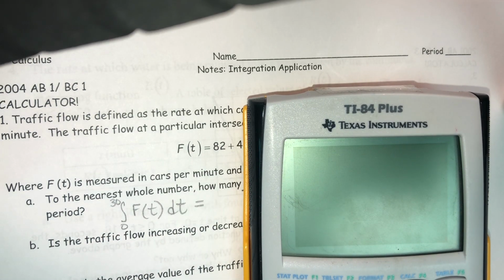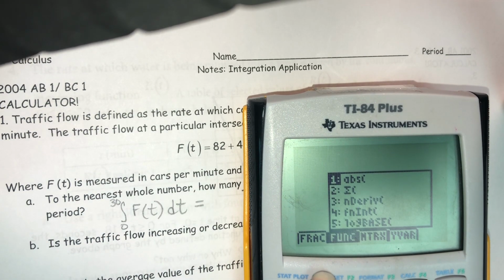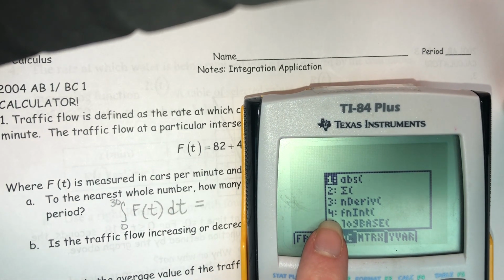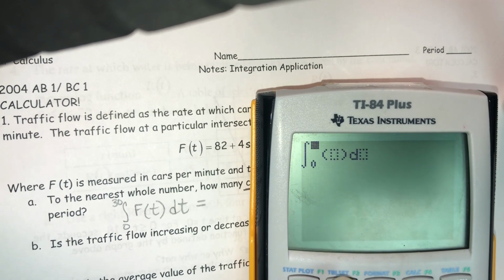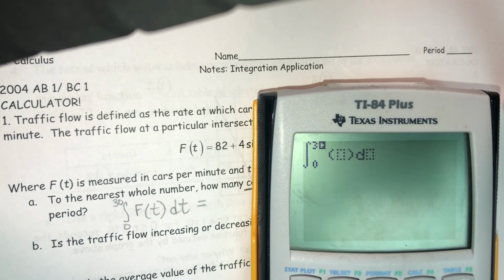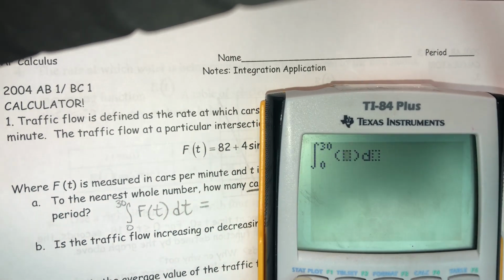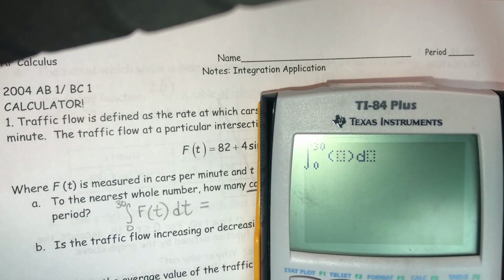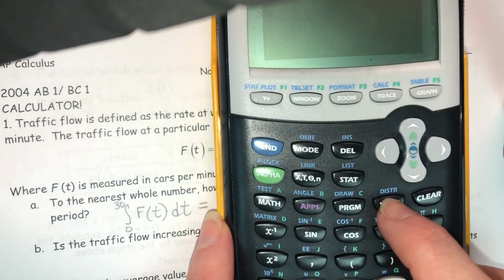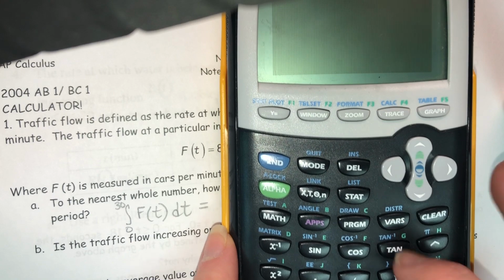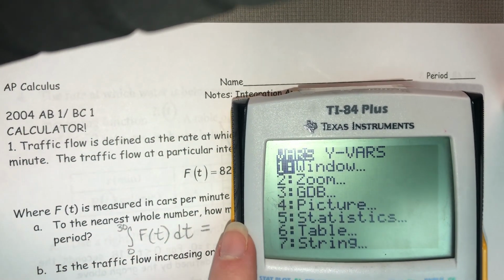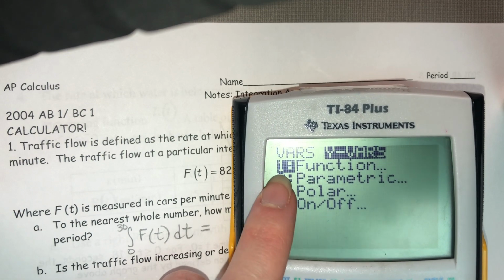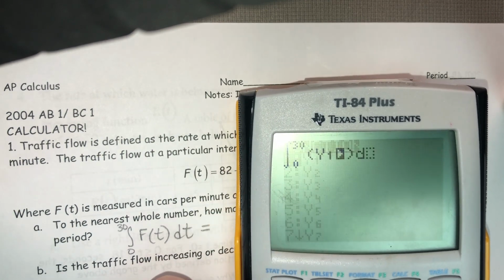So we're going to go on the home screen, alpha window, option 4 for function integration. Lower limit 0, upper limit is 30. And then I've already got my function in here, so I'm going to hit vars, which is this button right here next to the clear button, stands for variables. Then I'm going to go to y vars, function 1 for y1.